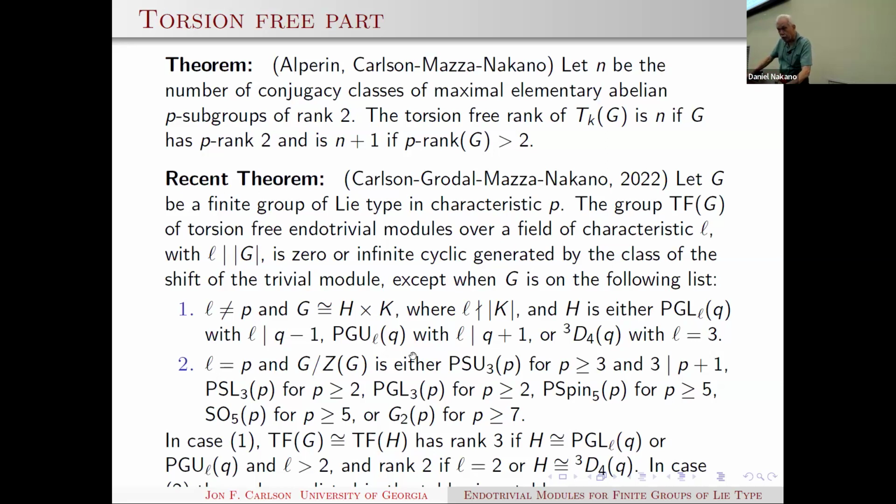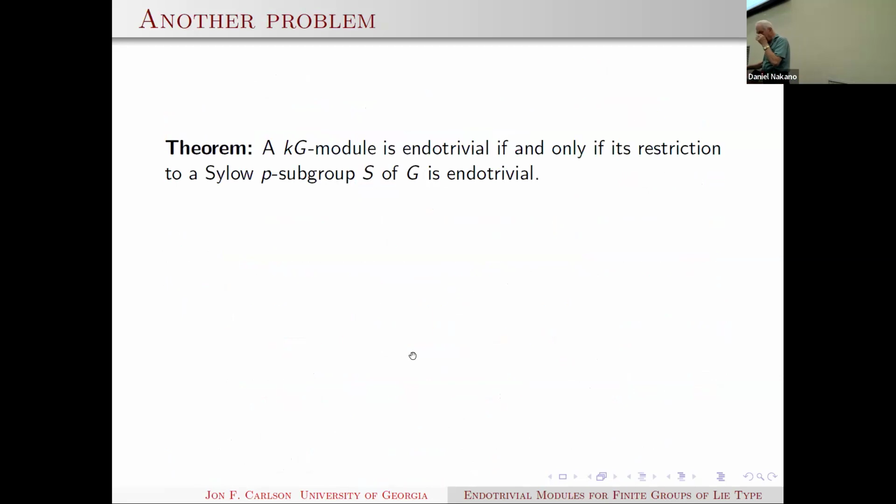Now, how about the torsion part? Well, mostly in the classification of p-groups, basically what we showed was that there is no torsion there unless the group is cyclic or quaternion or semidihedral.